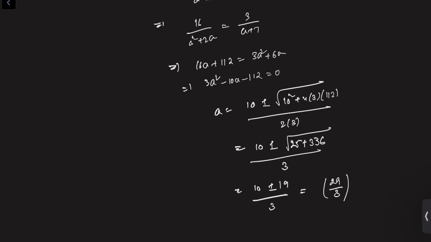So once we find the a value, we can work out the triangles. Sorry, this is 5 plus or minus 19 by 3. So this is 5 plus 19 by 3, which is 24 by 3, since our a can't be negative. So a, we got it as 8.